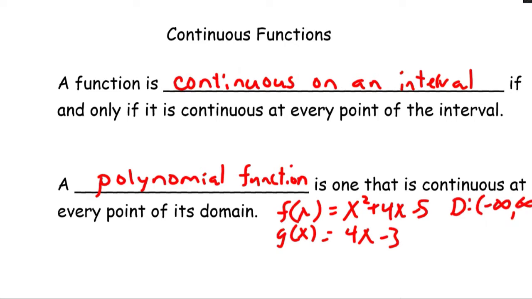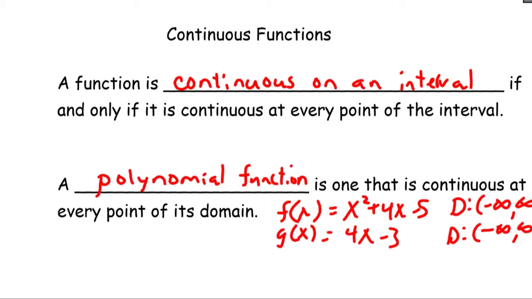What about the linear function 4x minus 3? What's its domain? Everything. It's infinity as well. In fact, all polynomials are defined everywhere. That's powerful. Polynomial functions are continuous everywhere in their domain, and they're always defined.